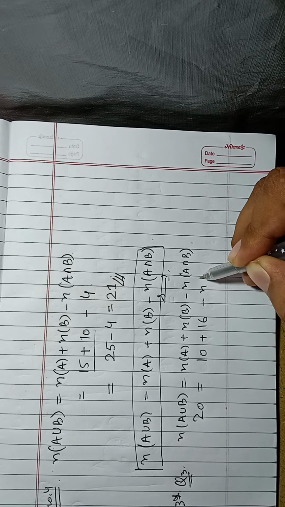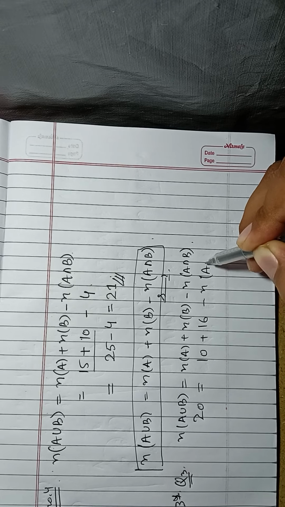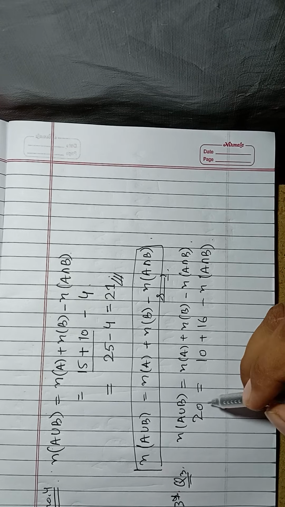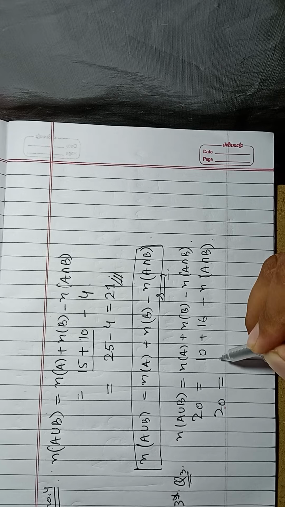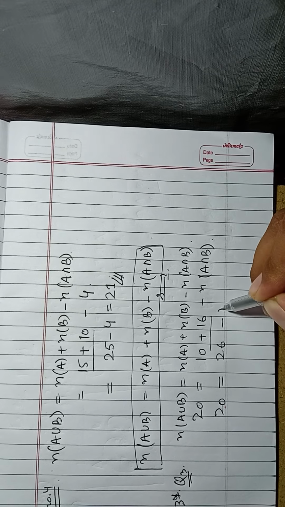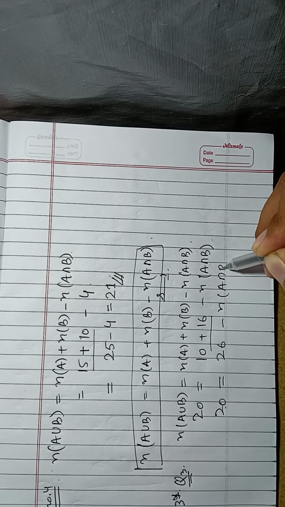This we need to find, n of A intersection B. So 20 equals 26 minus n of A intersection B.